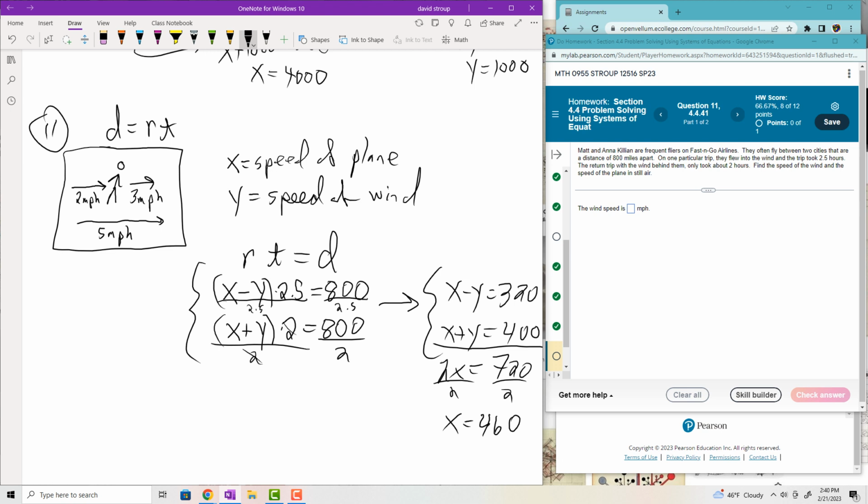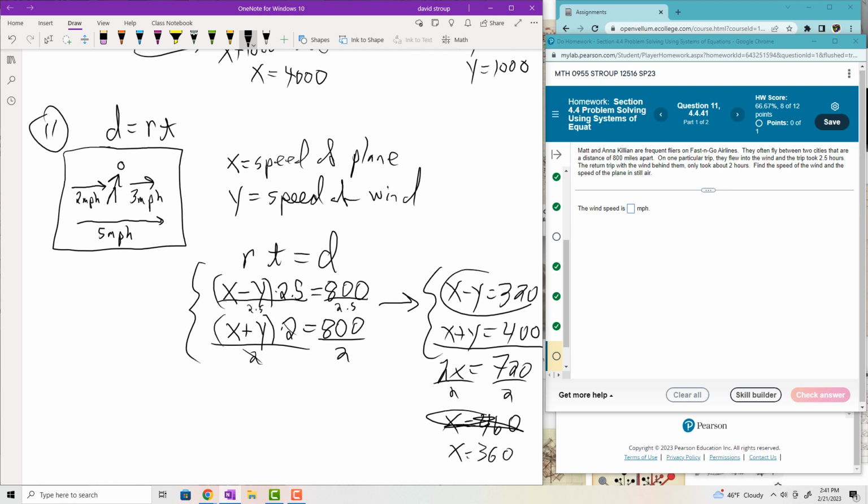If you don't know how fast planes go, 460 is reasonable. I'm just making sure 760 divided by 2 is what I said it was. It's not. Oh, sorry, 720 divided by 2. I think it's still wrong, but this is why I check. It's 360, sorry. So x is 360 miles per hour.